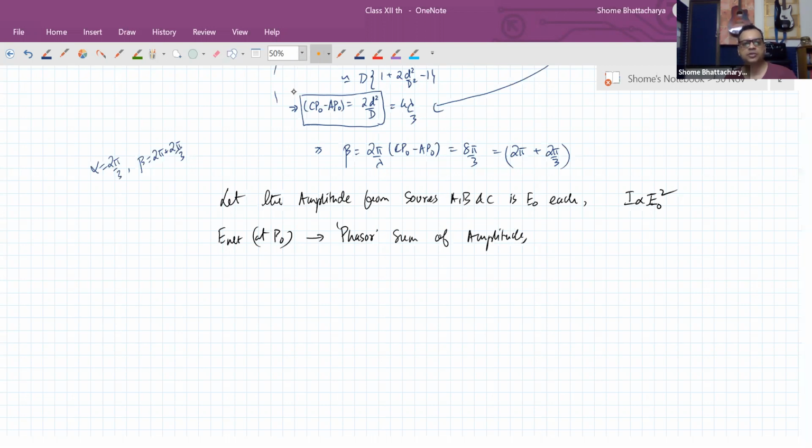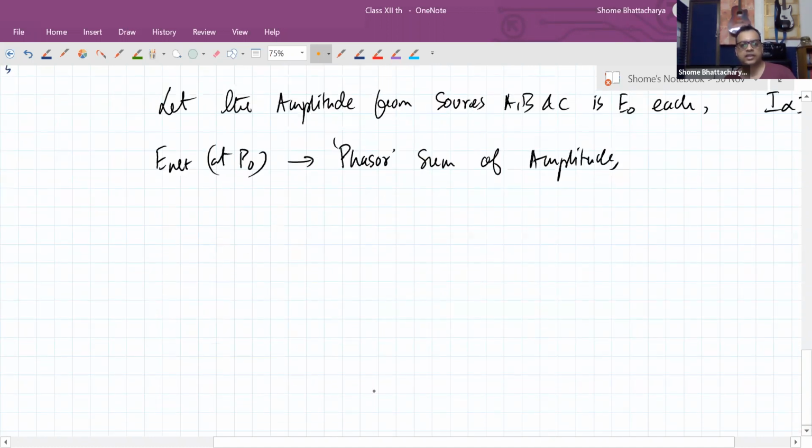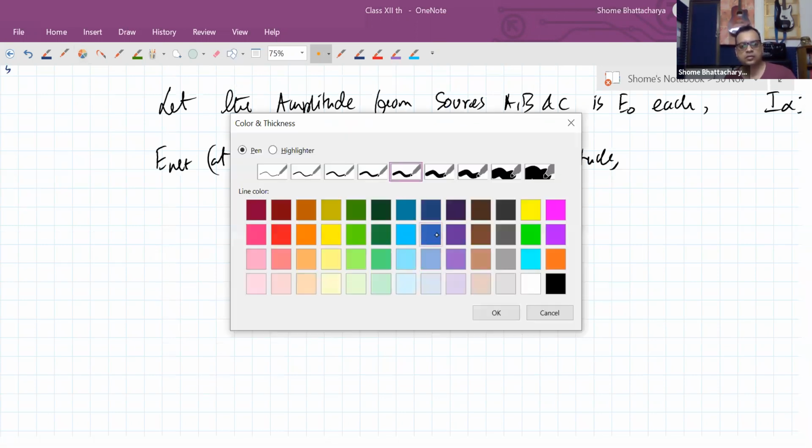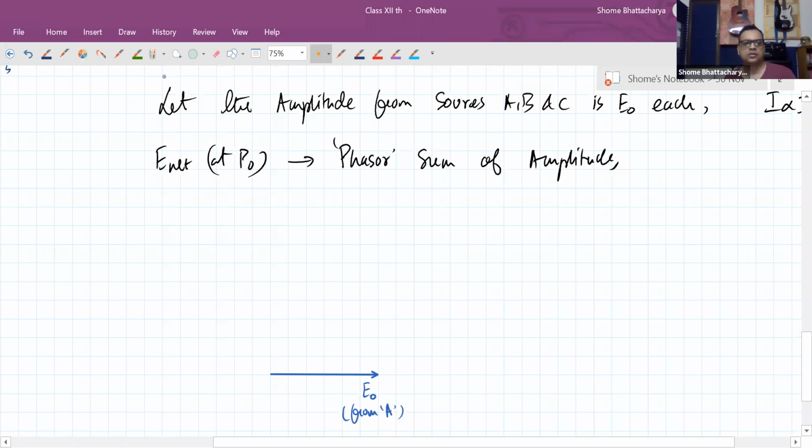So that phasor diagram now will look like this. If this is the amplitude of light coming from the source A, then the light coming from the source B will be of the same amplitude and magnitude but with a phase difference of 120 degrees.